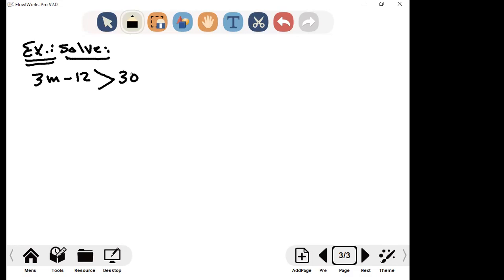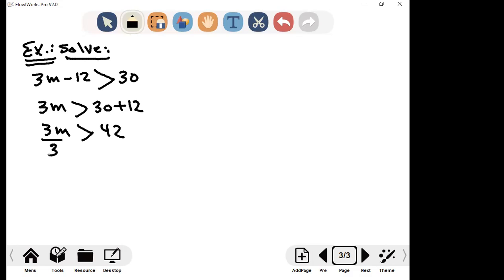Good. So I will do the same strategy of the two-step equations. Here you have the coefficient, which is 3. You have the connected number, which is negative 12. So first step, we get rid of this negative 12 by shifting it to the other side. It will be 3m more than 30 plus 12, which means 3m more than 42.